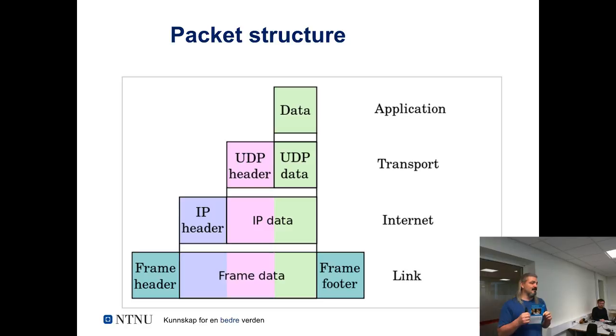In this case, a UDP header would be transport, with the source and destination. That becomes the IP data, saying it's coming from me and going to you. Then I add the internet routing data with an IP header. And for the link, I add the frame header and the frame footer. So it builds up a massive overhead on the packet. If I want to send a single byte to you, it takes lots of actual data, because I wrap it up in so many layers.